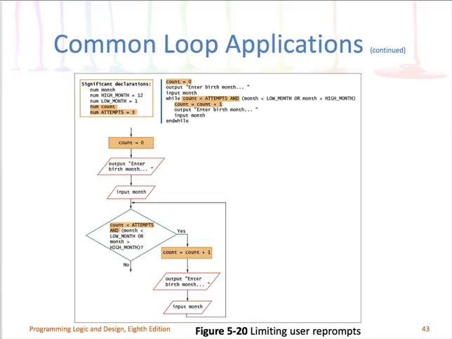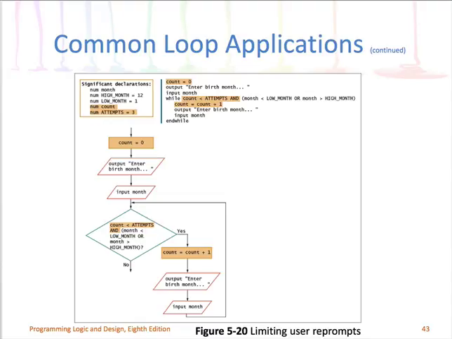So here what they've done is they've added a count and a number of attempts. If you wanted to have the person be reprompted 5 times, you would change that 3 to a 5. So you initialize it, and then you add a condition that says, in addition to everything else I'm checking, if count is less than attempts, then yes, I want this to be true, I want to execute the loop over to the right.